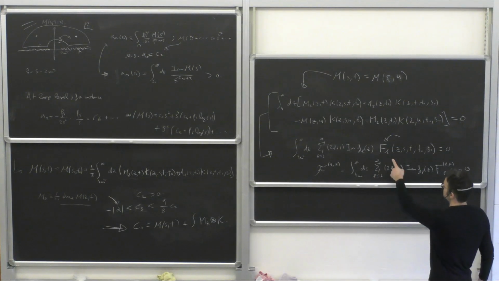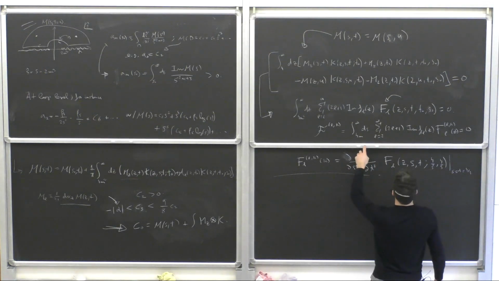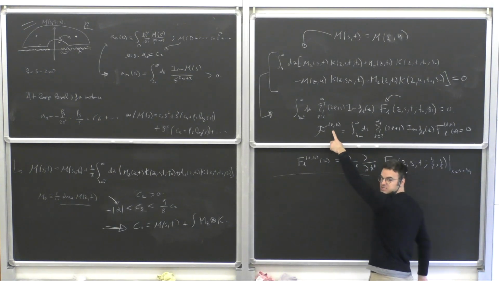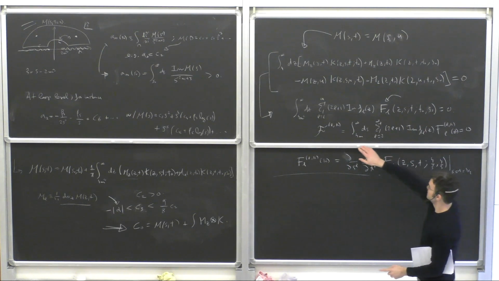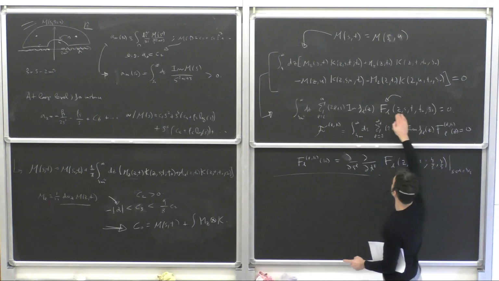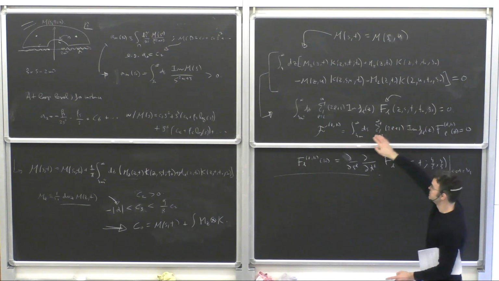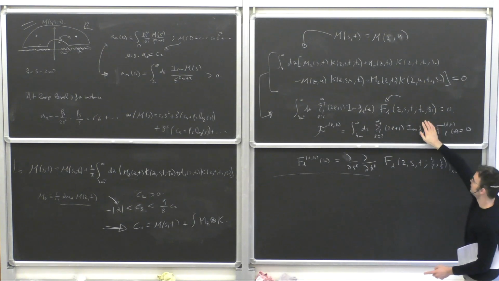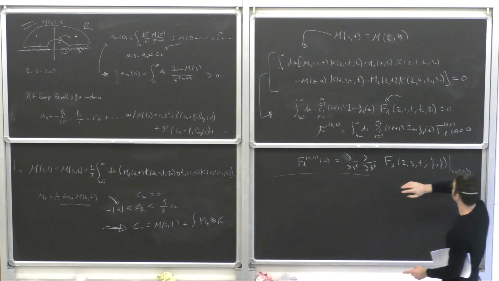Now we take this equation, and we act with derivatives: L derivatives on s, K derivatives on t. This curly F is simply the derivative of this whole thing over here. Maybe we don't need to define this, but let me keep it here.